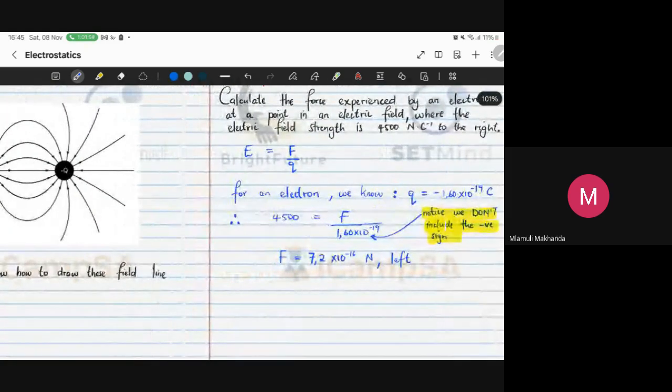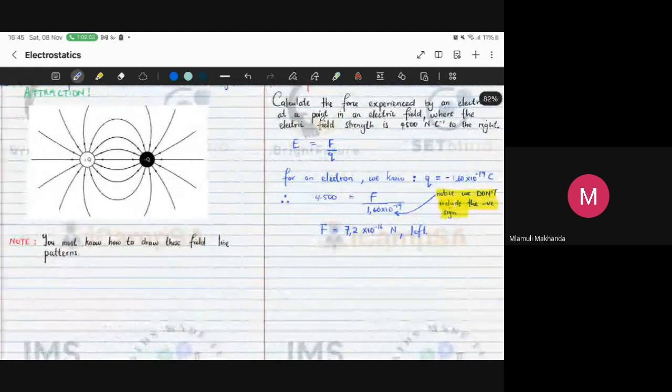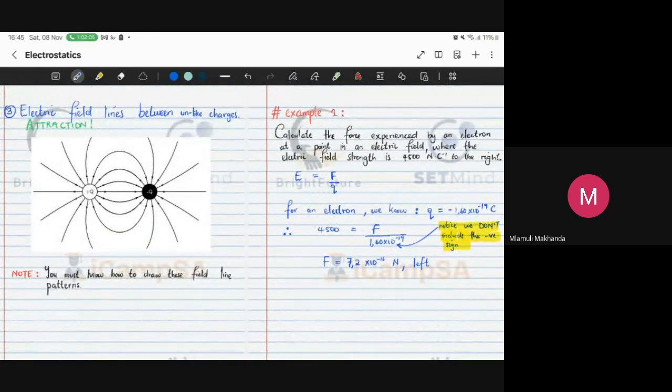So if we place an electron at that point, there will be an attraction. So the electron will want to move towards the charge itself. That's why we say the force will be to the left. It's a force of attraction.